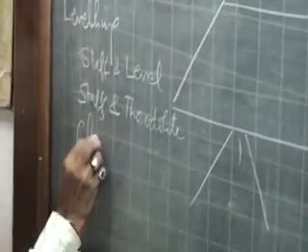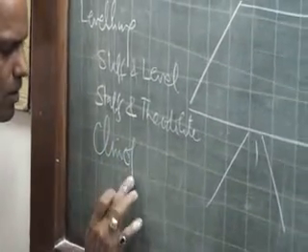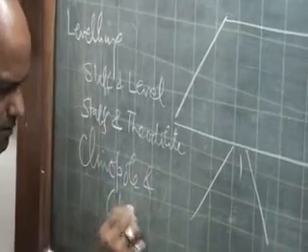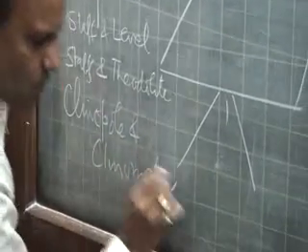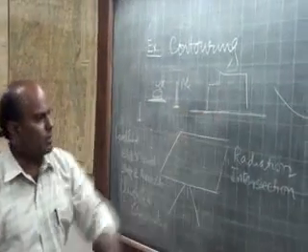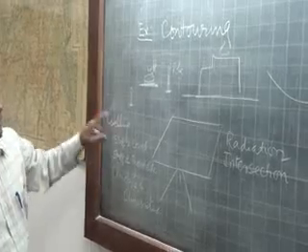If the object is very far off, in that case we are using clinopole and clinometer. So we determine the elevations of these various points using very simple technique.